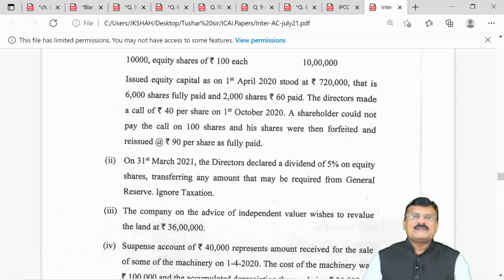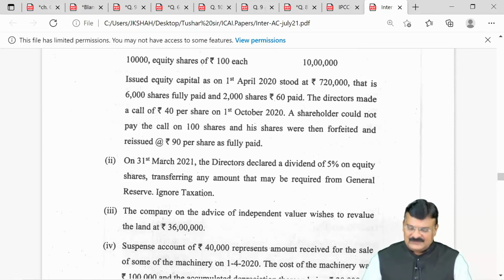Next, suspense account of 40,000 rupees represents amount received for the sale of some of the machinery on 1/4/20. 1/4/20 means we are selling at the beginning of the year. Cost of the machinery was rupees 1 lakh and accumulated depreciation thereon being 30,000.